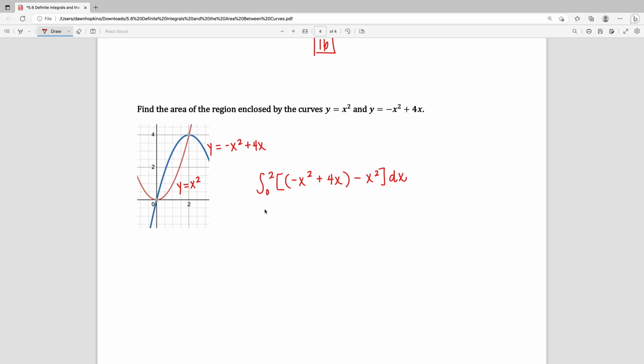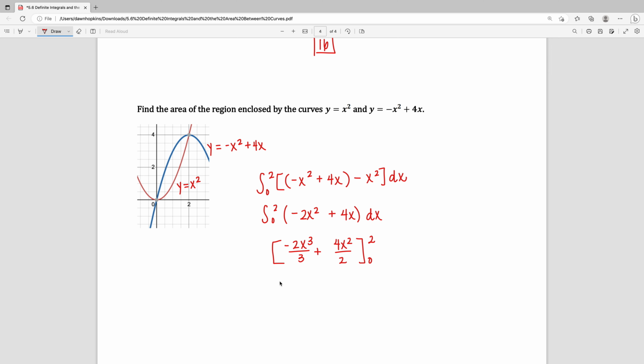So cleaning that up a little bit, we end up with negative 2x squared plus 4x. When we integrate, we're going to have negative 2x to the third over 3 plus 4x squared over 2. And I'll go ahead and clean that up.